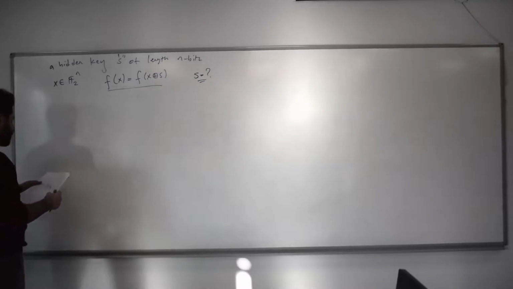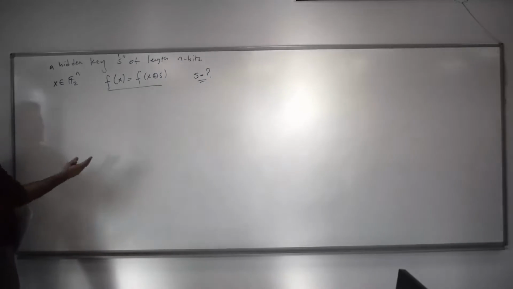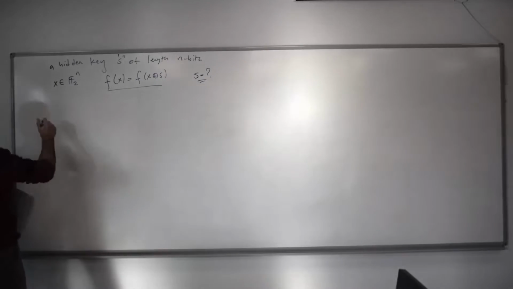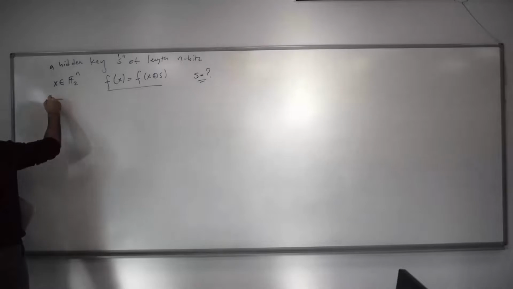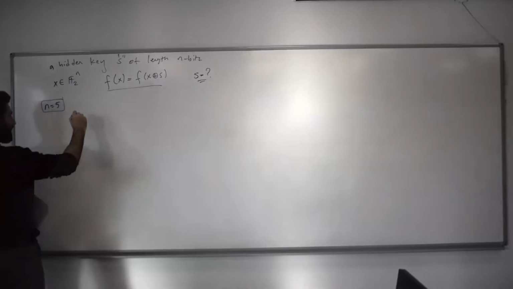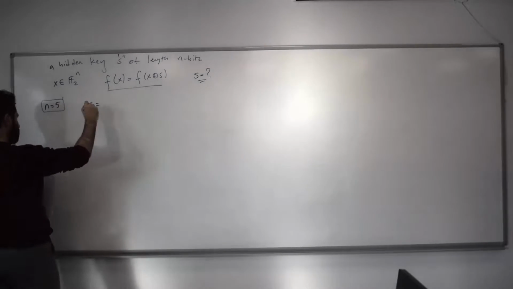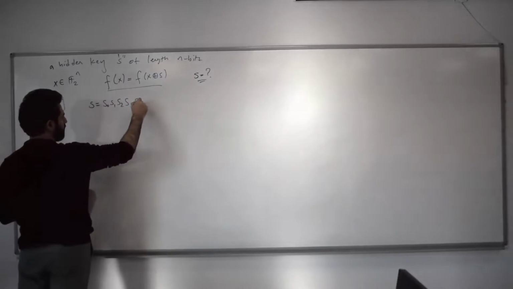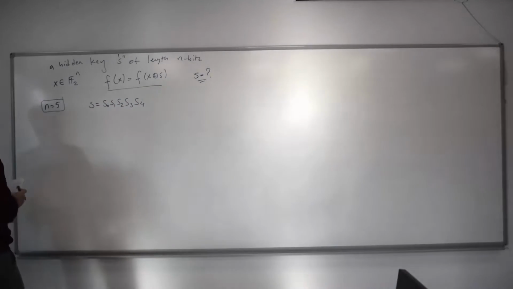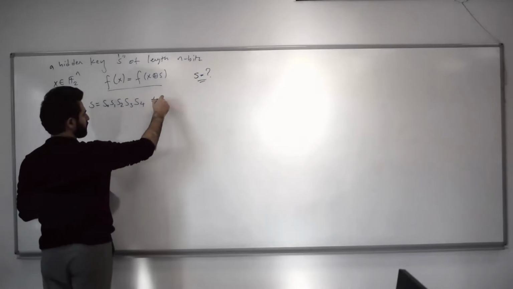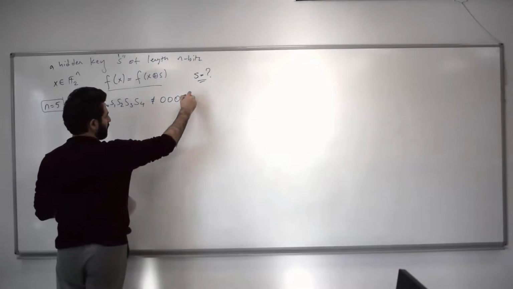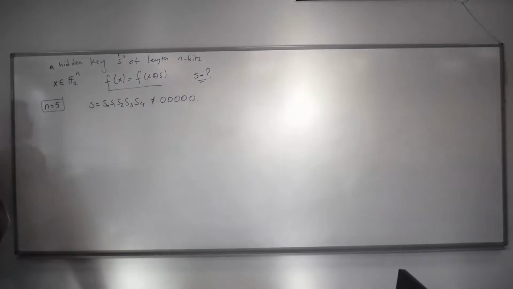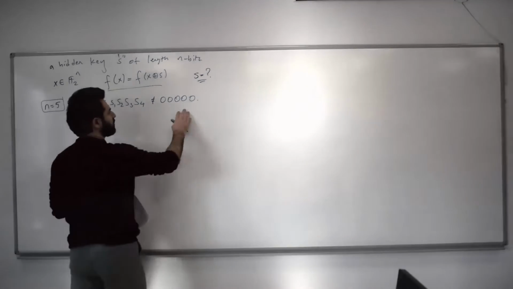So I'm going to walk through it again with an example, just to remind you what we learned about Simon's algorithm before. Let us consider n equals 5 bits, and this S, the key, is represented by S0, S1, S2, S3, and S4. And this is not 0. Trivial solution is all zeros, and I assume that this S is not all zeros. This is just extra information given to me.